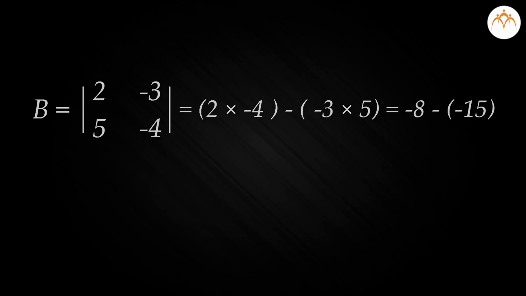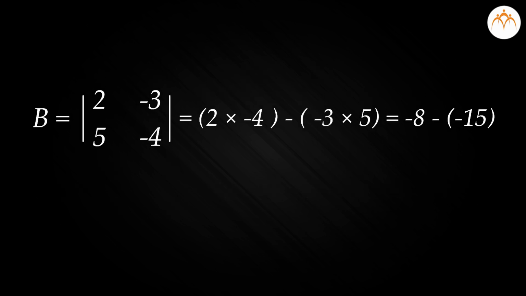Second example. Determinant B is equal to 2 and minus 3, 5 and minus 4. Therefore, B is equal to 2 into minus 4 minus minus 3 into 5 is equal to minus 8 plus 15 is equal to 7.